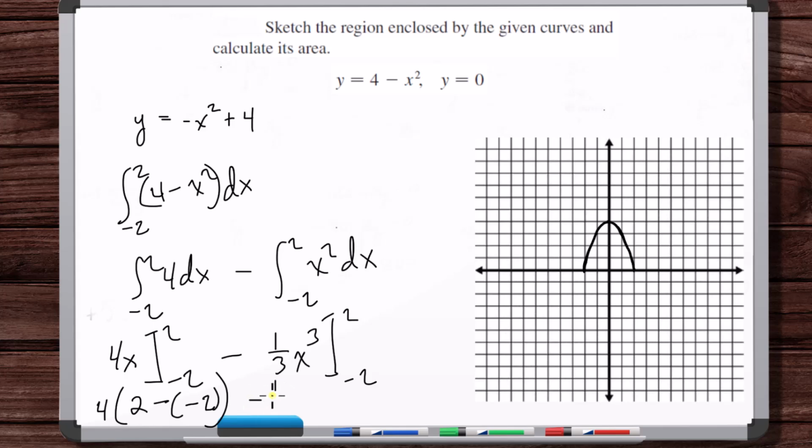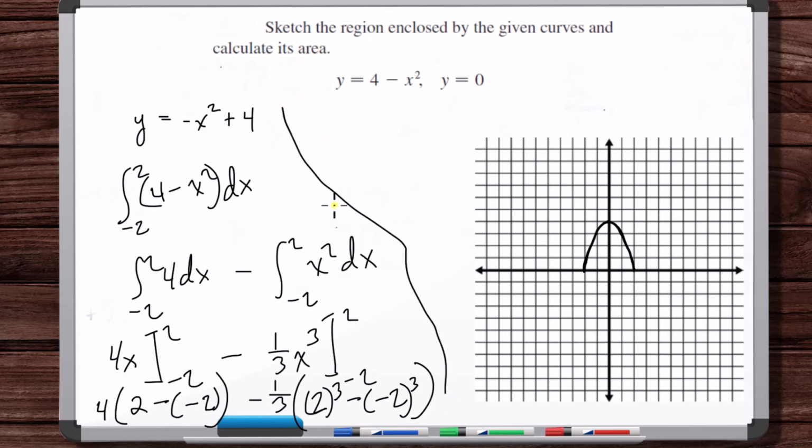So you've got 4 and then 2 minus minus 2. Okay, minus 1/3, and then you've got 2 cubed minus minus 2 cubed. See?